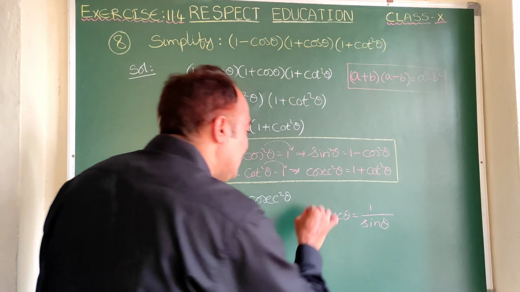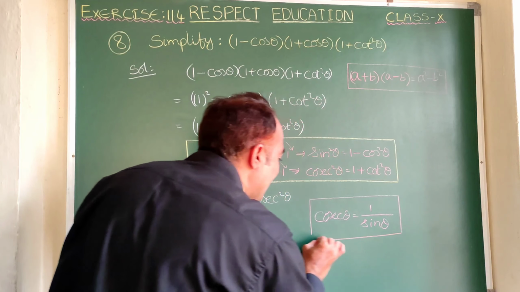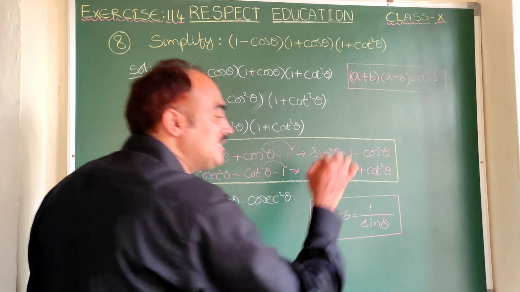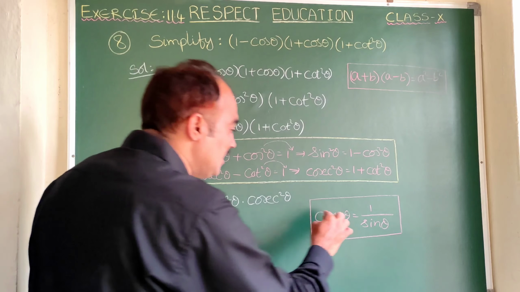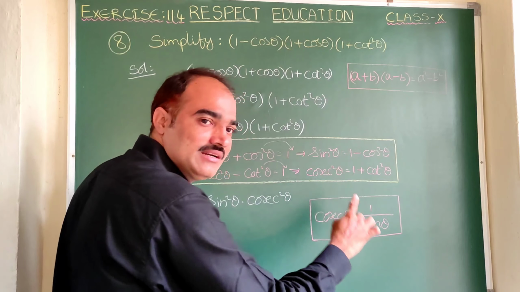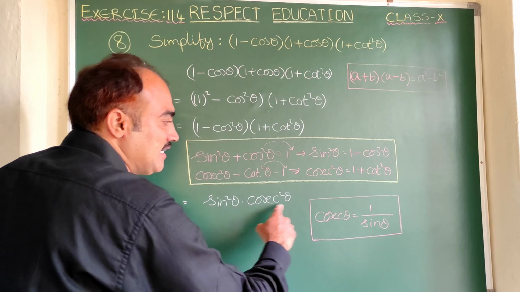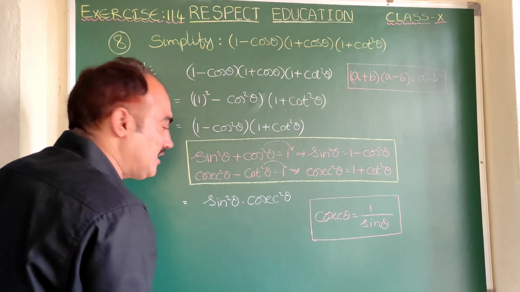Based on this formula, cosecant square theta can be written as 1 by sin square theta, squaring on both the sides. 1 square is 1. Sin theta whole square is sin square theta. So let us write this cosecant square theta as 1 by sin square theta.